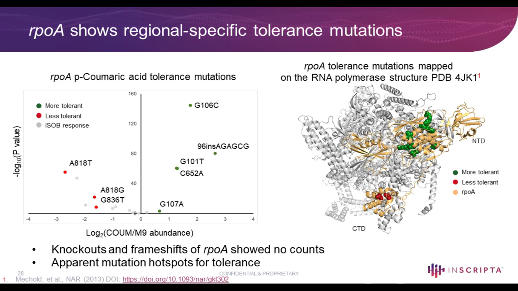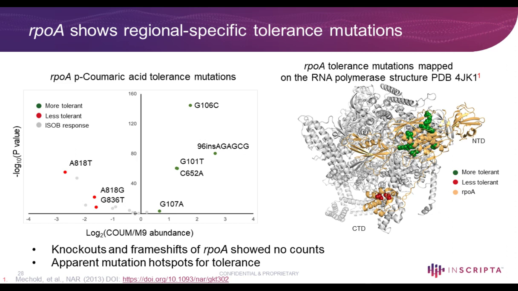This shows the three-dimensional structure on the right of the RNA polymerase, and highlighted in wheat color is the rpoA subunit of the RNA polymerase. On the left, we show a volcano plot again, but now it's all the individual point mutations within rpoA.